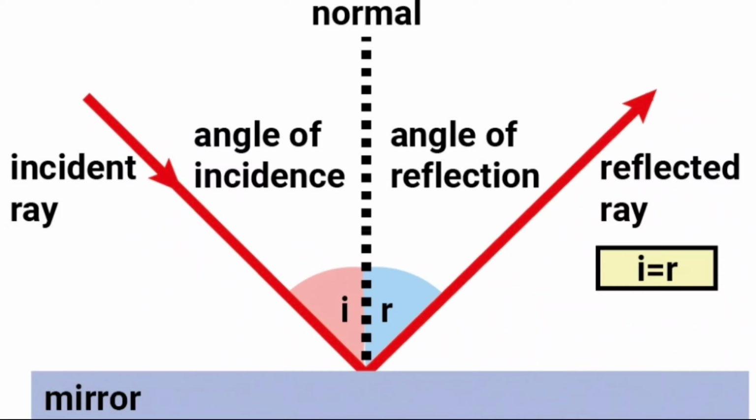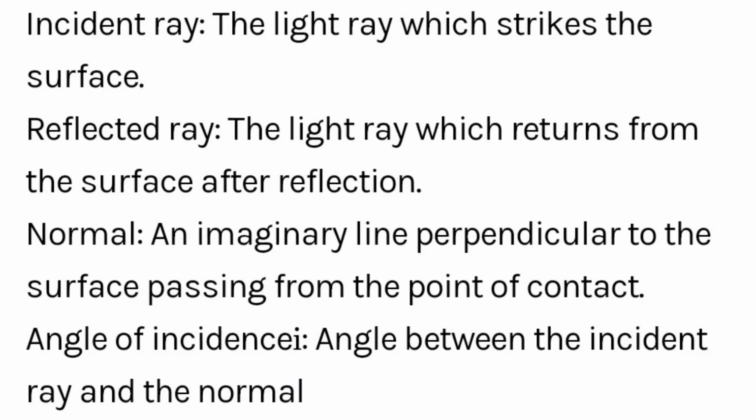And from these laws of reflection, there are many points you have to keep in mind. What is called the incident ray? The light ray which strikes the surface is called the incident ray. Now, what is called the reflected ray? The light ray which returns from the surface after reflection is called the reflected ray.